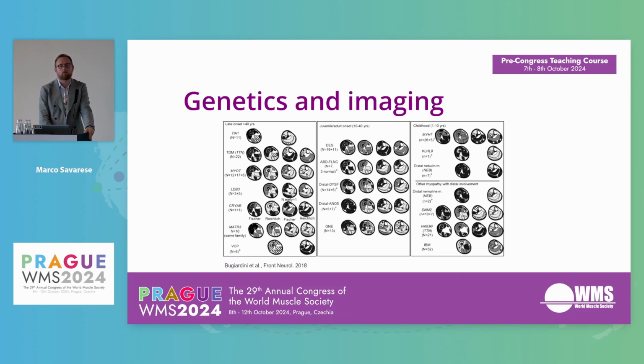We had this presentation in the morning. I will not go into detail, but I want to underline the importance of this work because it's the first attempt to correlate MRI findings with the specific forms of distal myopathies. And it's of interest because it will really change the approach to the disease if we can combine genetic data and imaging data.